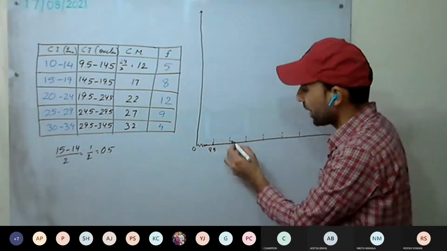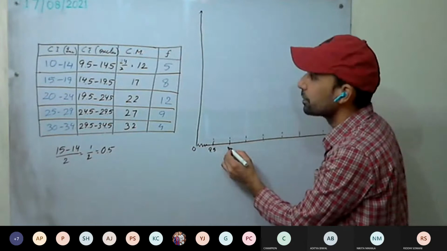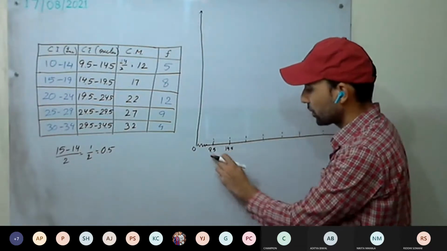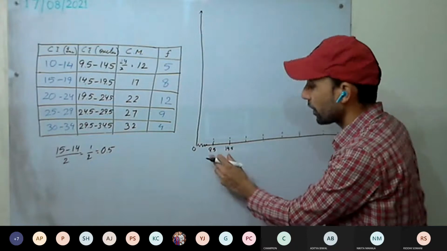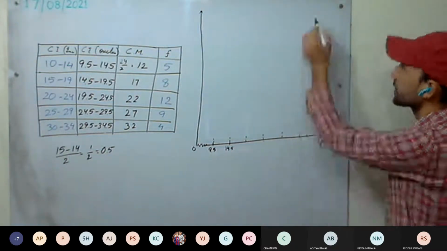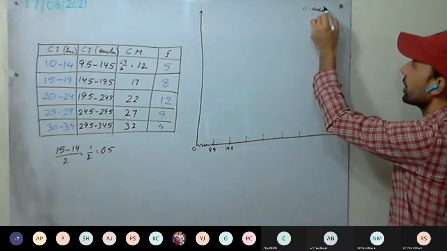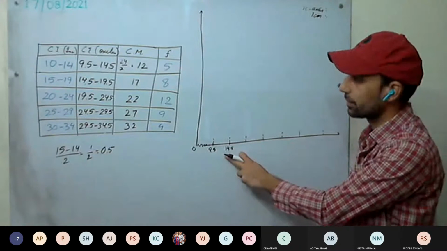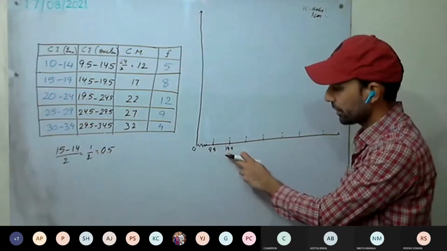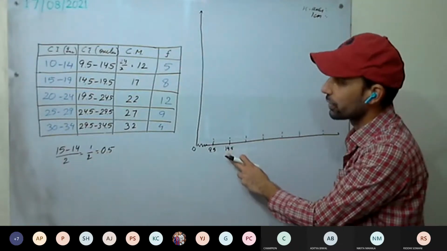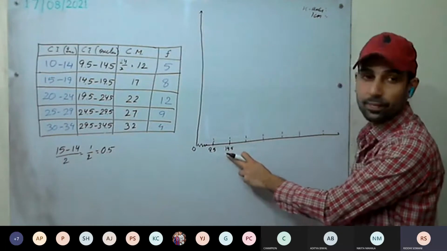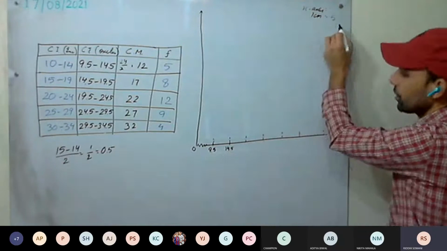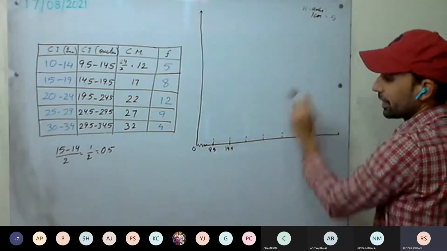The next bold line we can take as 14.5. So 1 centimeter equals how many units on the x-axis? 5. 9.5 plus 5 is 14.5. Yes, it's 5.